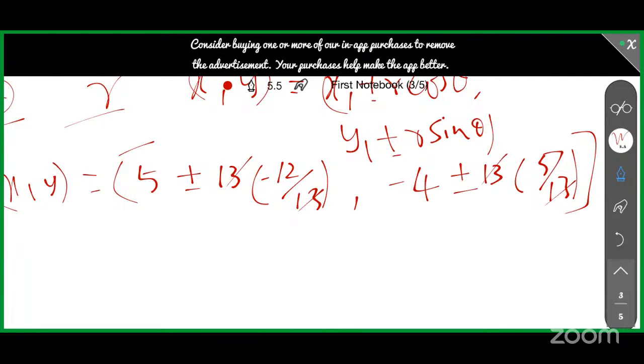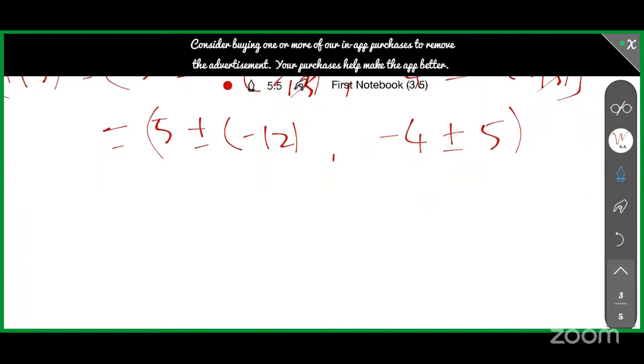So the thing that is left out is 5 plus or minus 13 into minus 12 by 13 comma minus 4 plus or minus 5. So from this you simplify and tell me what values I will get.